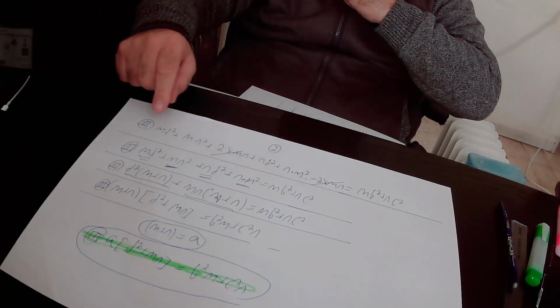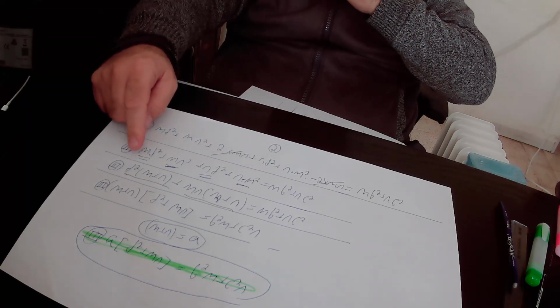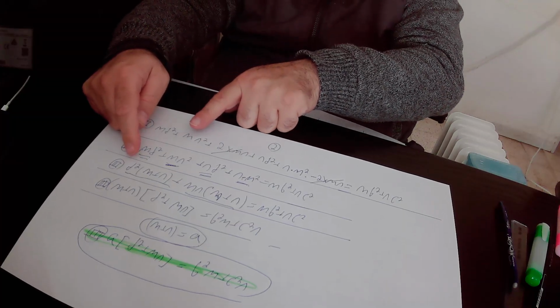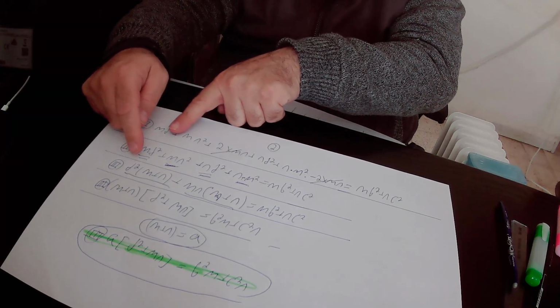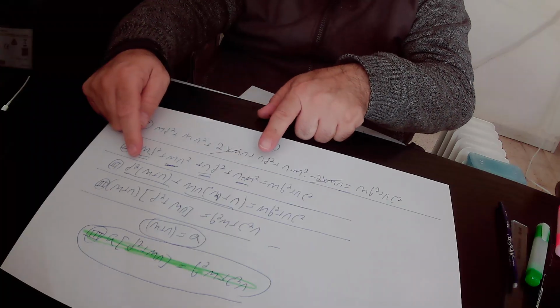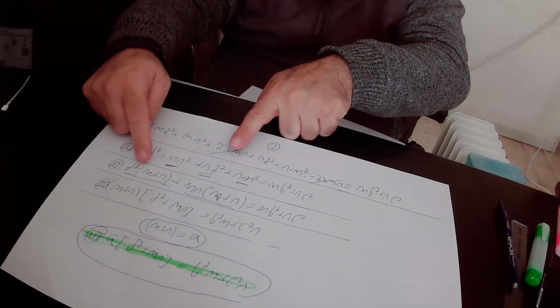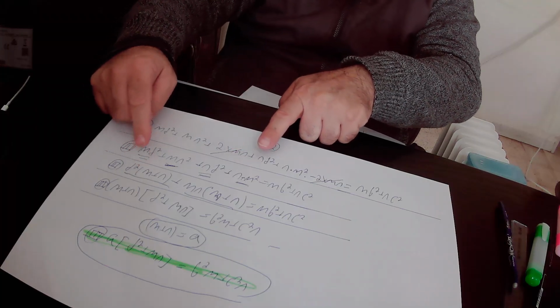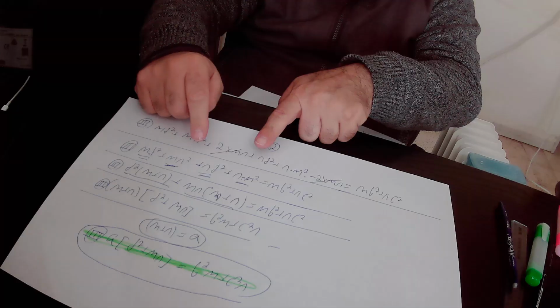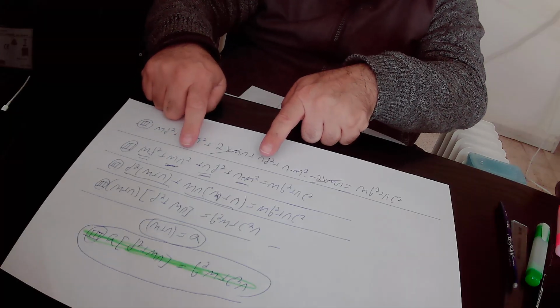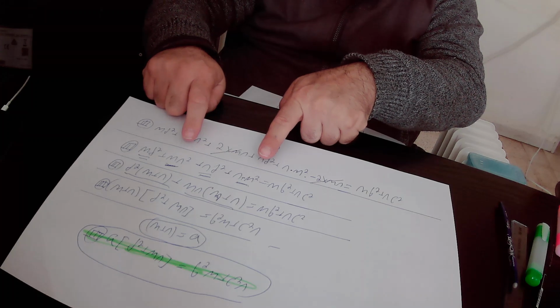In the next step, we took out d square, a common factor, from md square and also from nd square. So inside the brackets we are left only with m plus n. Plus, then we took out nm, a common factor, from mn square and also from nm square.